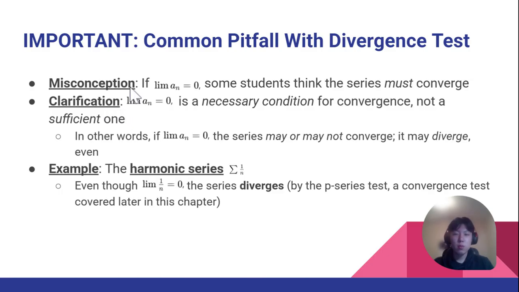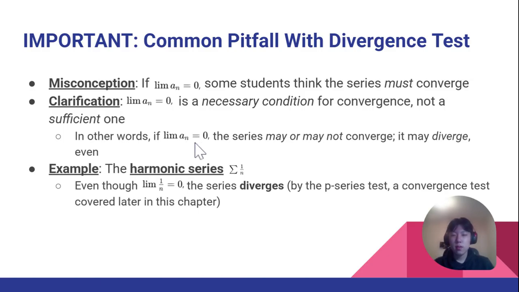But that's not true. What is true is that if the limit equals 0, it's a necessary condition for convergence, but it's not a sufficient one for convergence. In other words, if the limit equals 0, the series may or may not converge. It can diverge, but it can also converge, depending on what the series is.